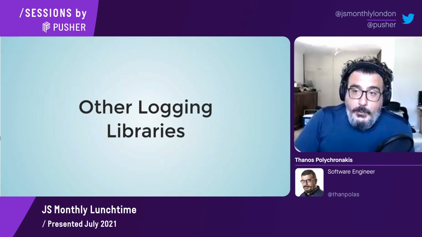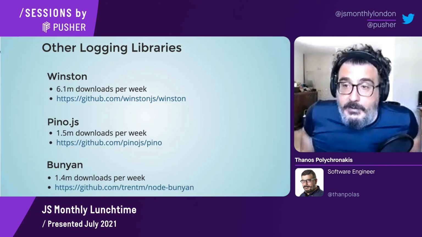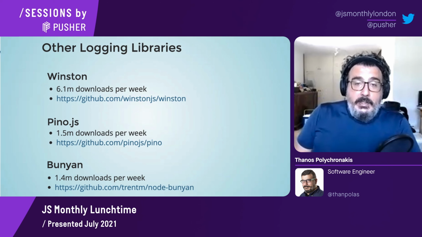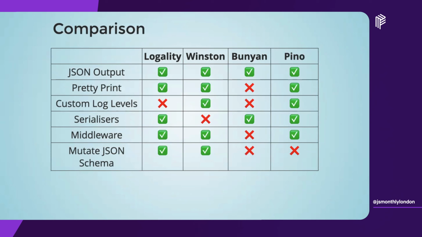Let's have a quick look at how Logality compares to all the other popular libraries out there. I've chosen three of the most popular ones. Winston, with 6 million downloads per week. Pino, which has been hosted a lot of times by this meetup, and probably you're very familiar with it. And Bunyan, which was one of the classic loggers of Node.js in the past. All of the libraries output as JSON, which is very important and very nice.